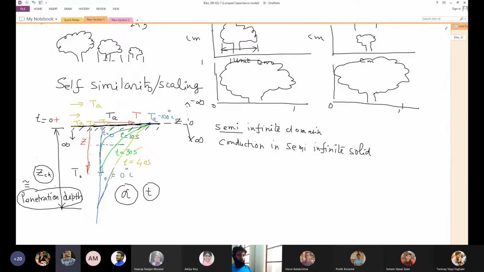Under root alpha t. Because alpha is, you know, centimeter square per second or meter square per second. So let us stay in the SI system.